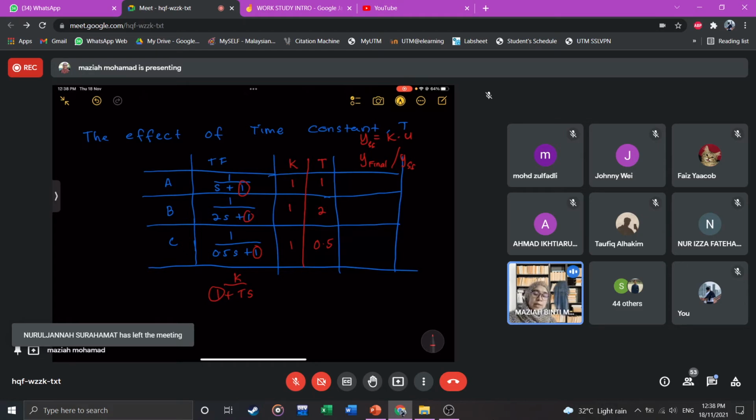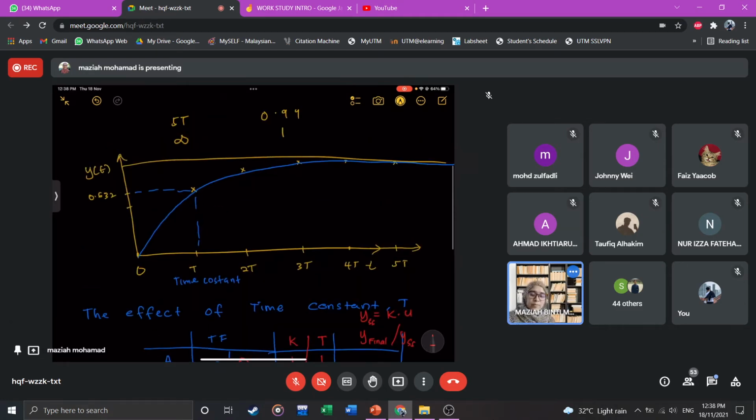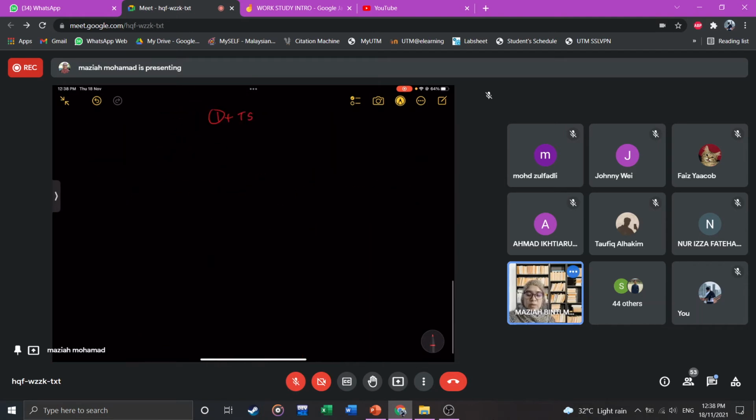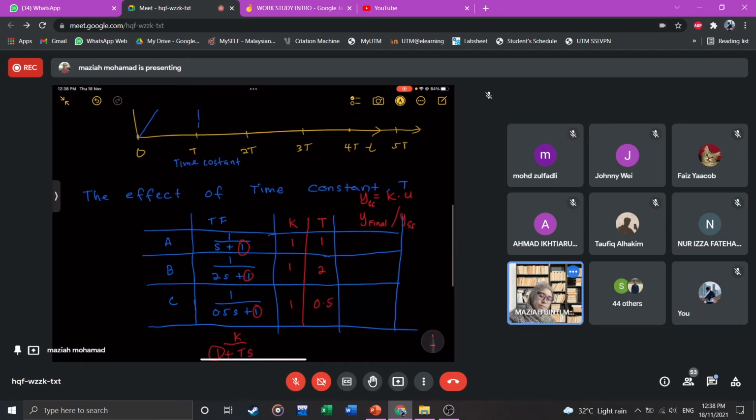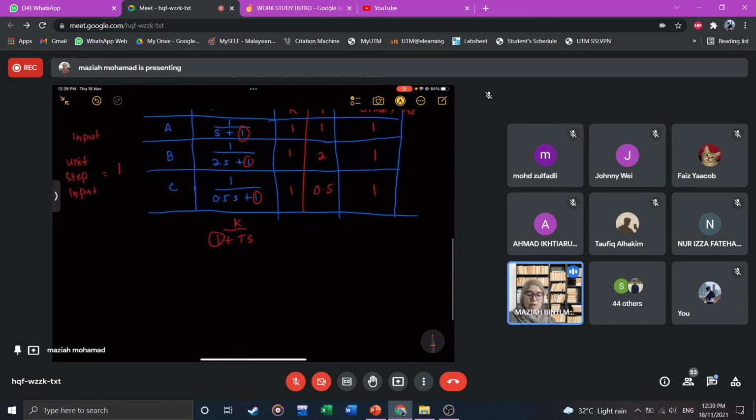The input to the system is unit step input, as we already derived just now, meaning U is equal to 1. So by multiplying U with K, we get 1. Correct? Because here we want to see the effect of time constant. We don't want to see the effect of K yet. For this system, we're going to study the effect of time constant.